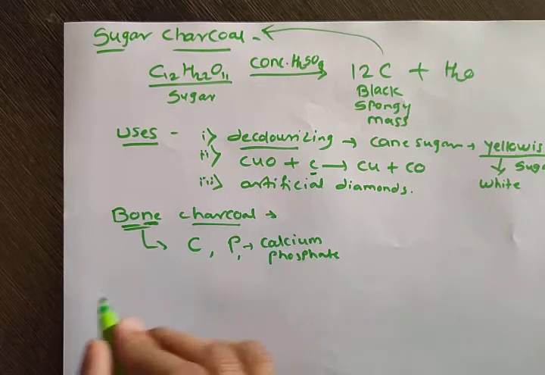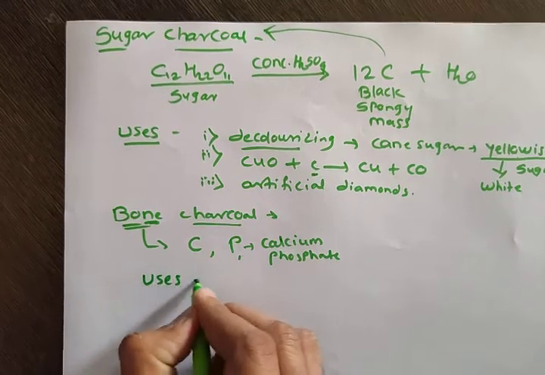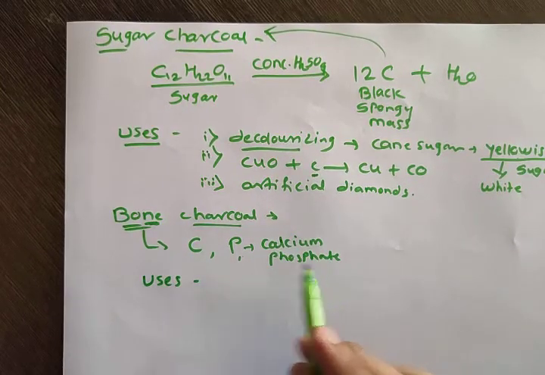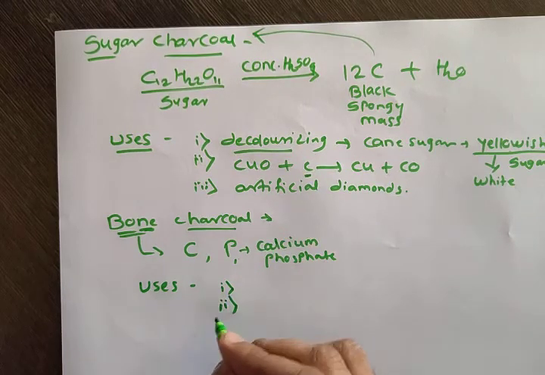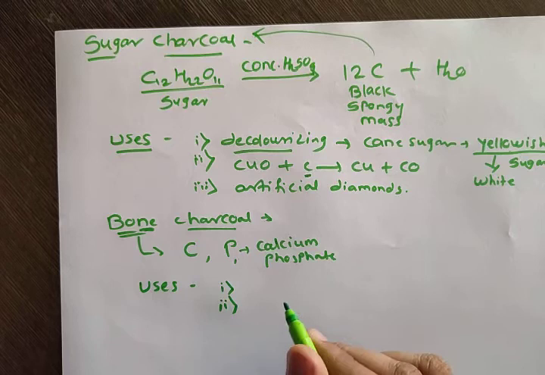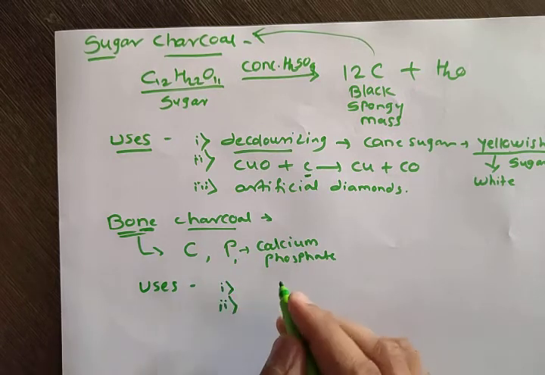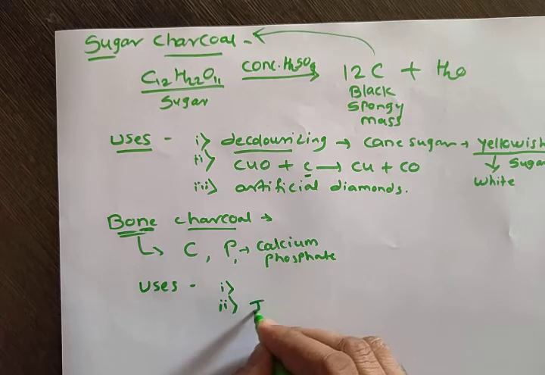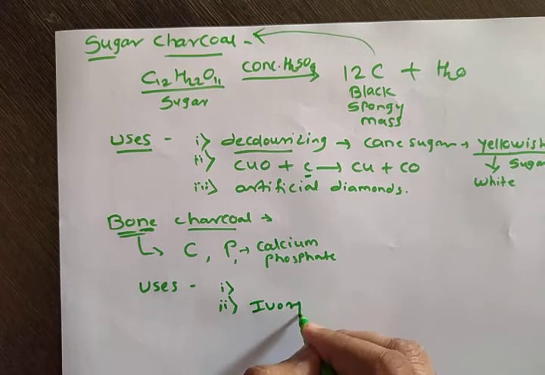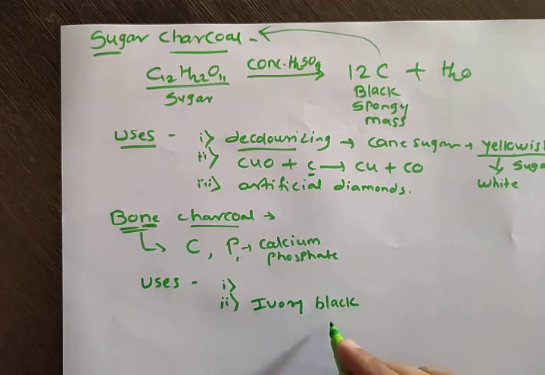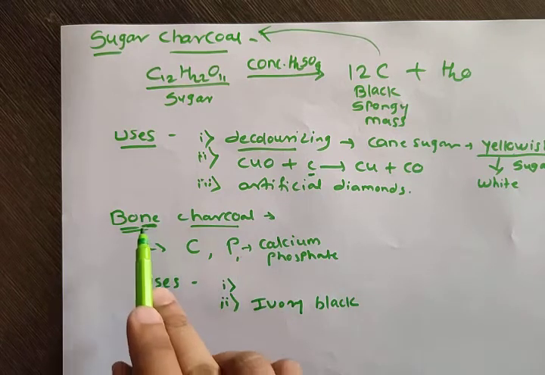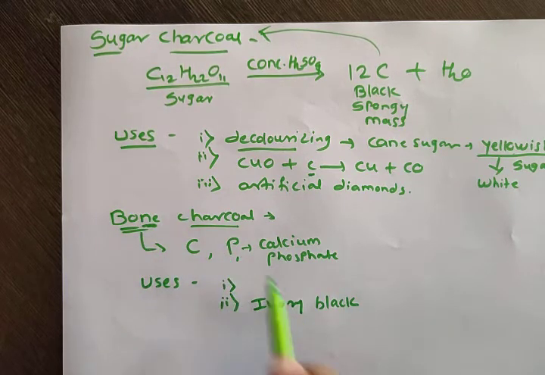Now, what are the uses? Uses of bone charcoal. Just now I told it is used as a decolorizing agent. Then second, the black color charcoal which is obtained from this bone is known as ivory black. Okay, ivory black means what? Ivory black is nothing but bone charcoal. The another name for this bone charcoal is ivory black.